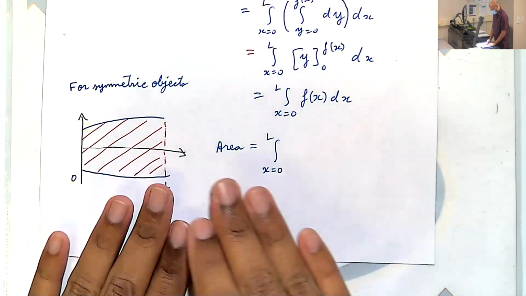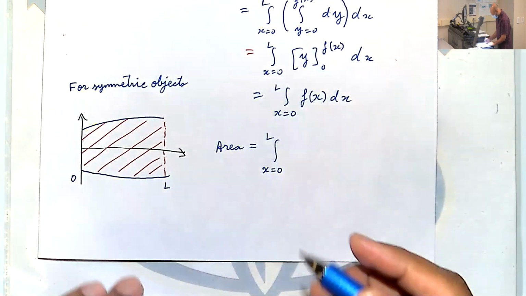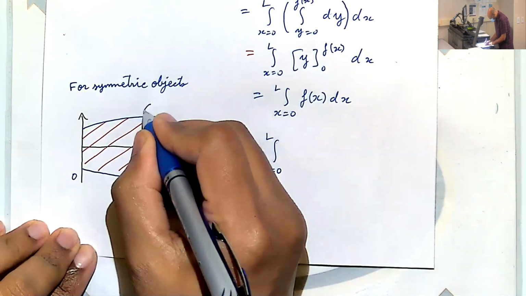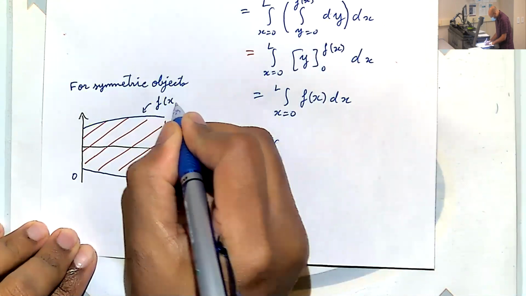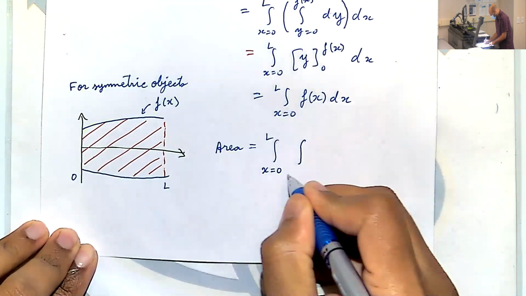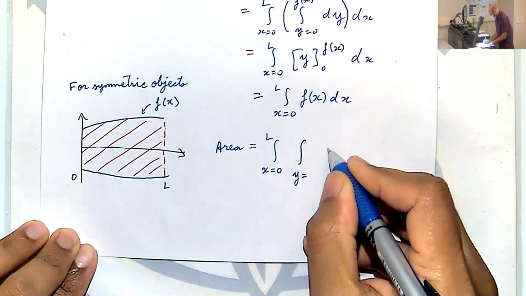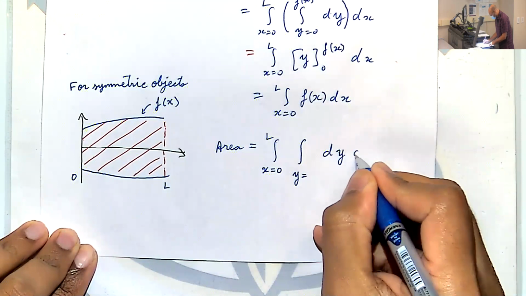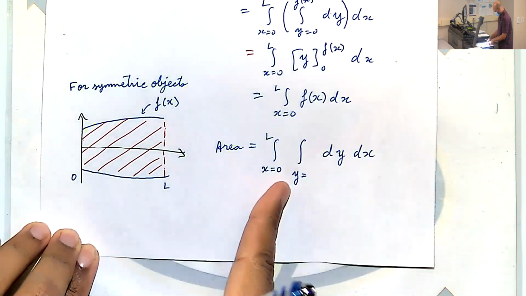So same thing here. Area goes from 0 to L, and we say this curve is f of x. And you can see here y goes from, and of course we have dy and dx here. Y goes from what to what?